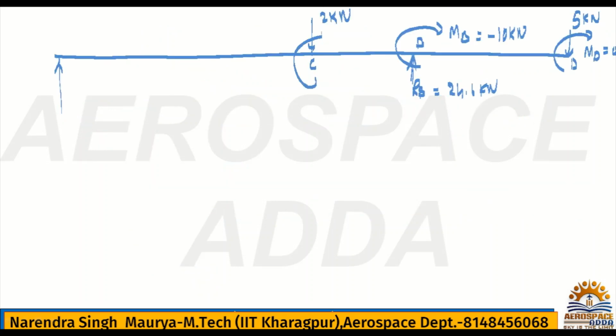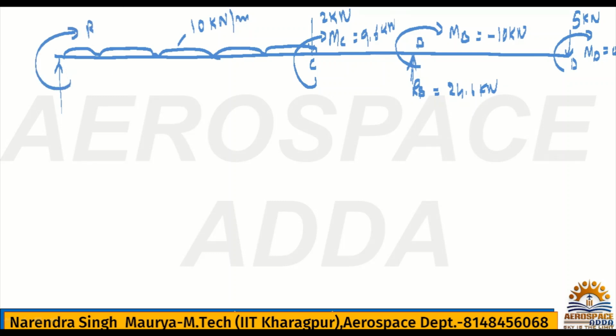So moment about point C, it's nothing but 9.6 kilonewton, and obviously this is the UDL here, 10 kilonewton per meter, and about RA obviously you have calculated moment about point A, this is the RA only.